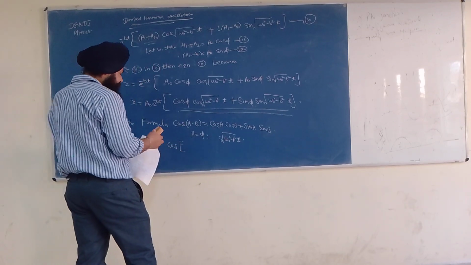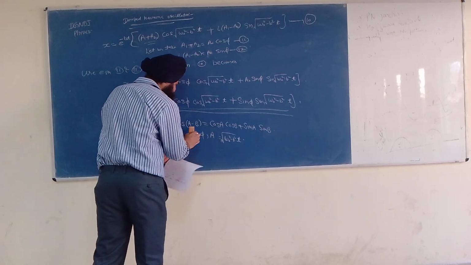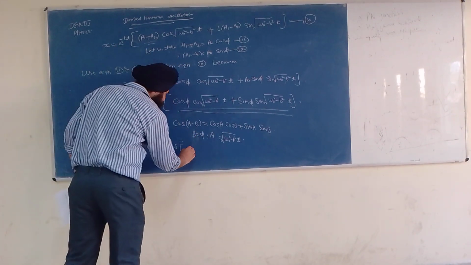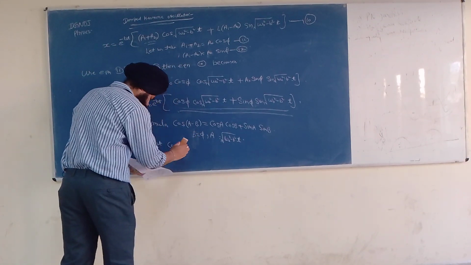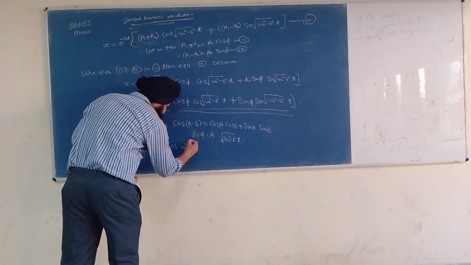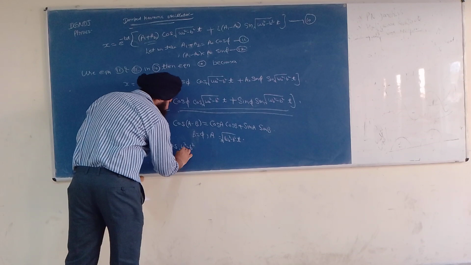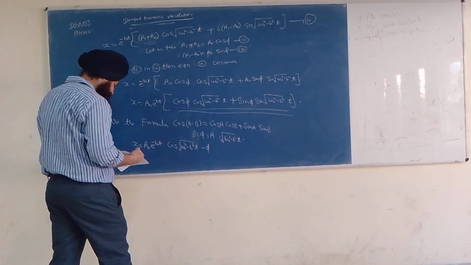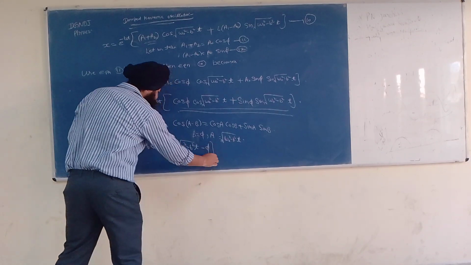We can take any one of them. Let us say this is a, this is b. Then it becomes cos of square root of omega naught square minus b square t minus phi. So this is the final equation.